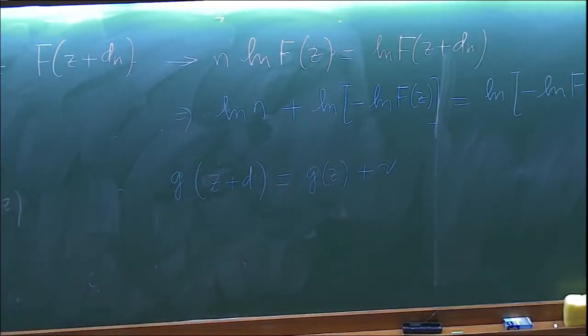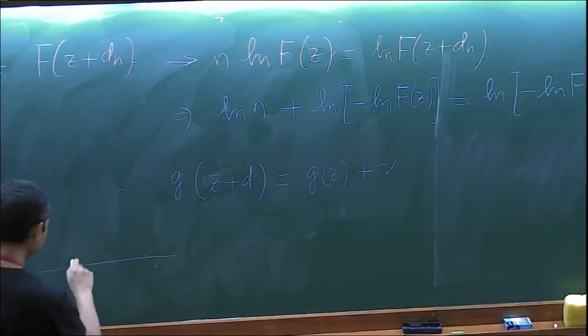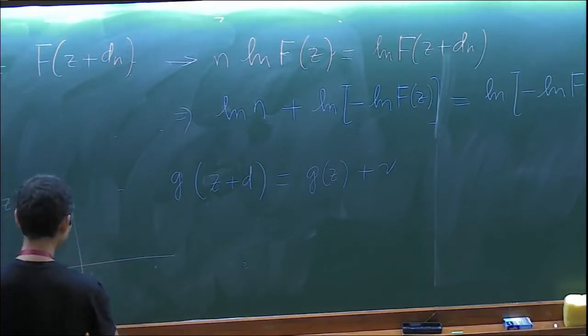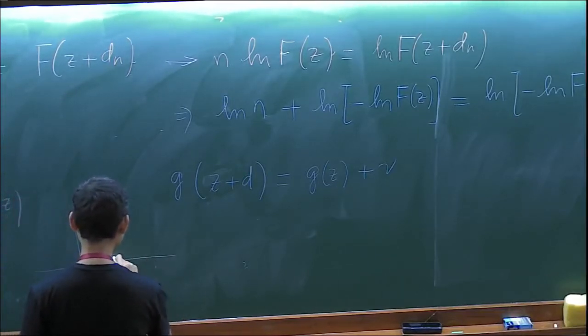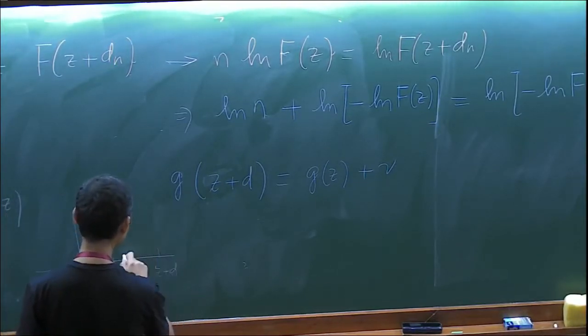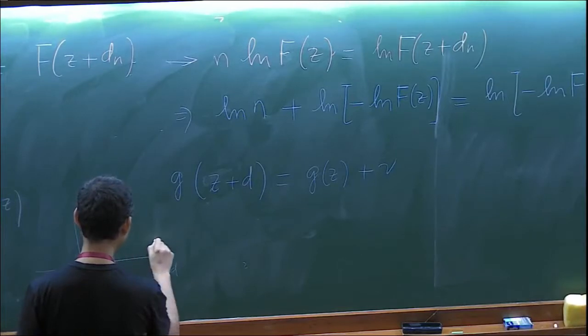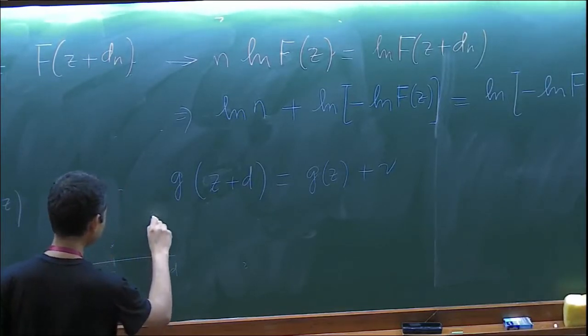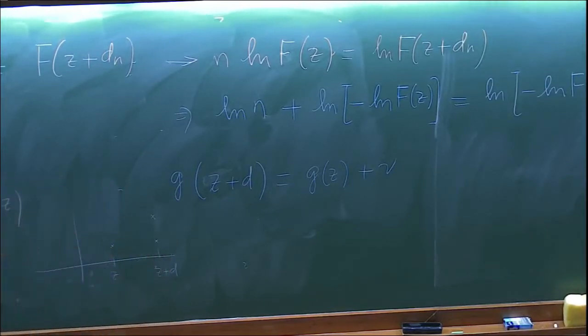Okay. So if this is of this form, so the function you are just plotting now. Okay. So for all values of z, if you look at some z and z plus d, that function is given by whatever the function here is, plus some number, right?